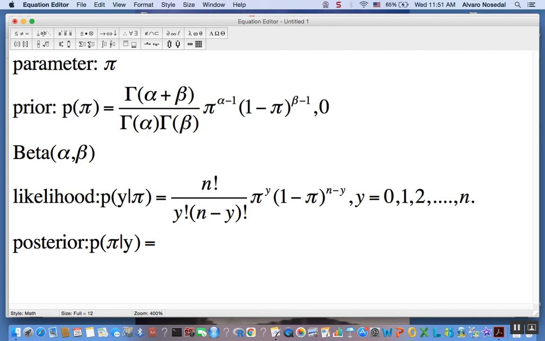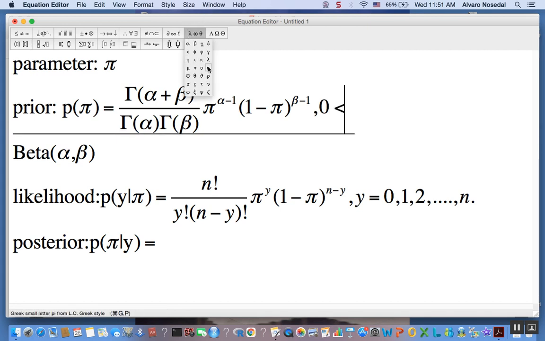And we know that the support of this PDF is the 0-1 interval.